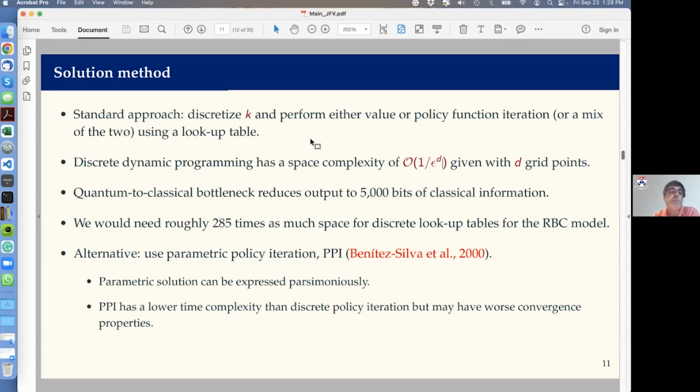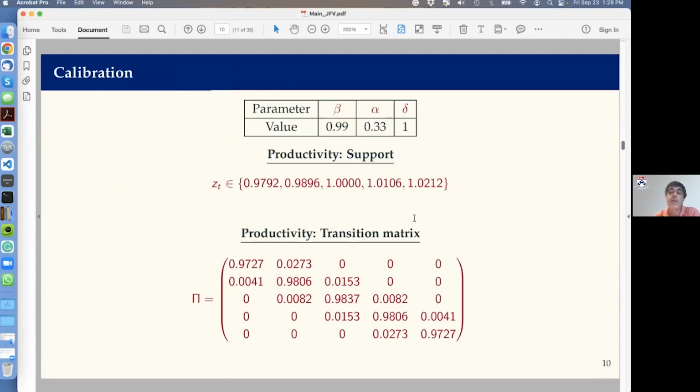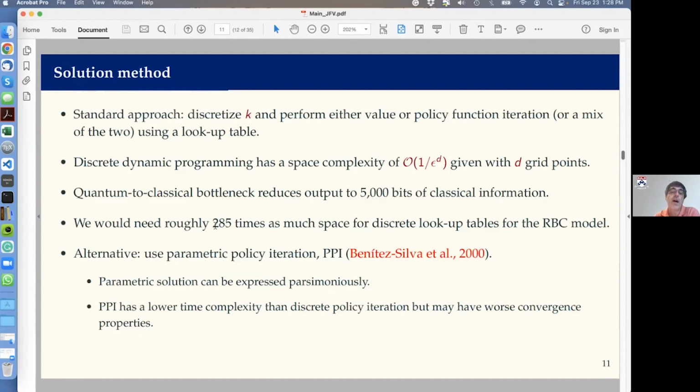Why? Because the quantum to classical bottleneck reduces output to around 5,000 bits of classical information. And to get a good answer in terms of accuracy of the real business cycle problem, you will need around 285 times as many bits to have a decent lookup table. So this cannot really be done.